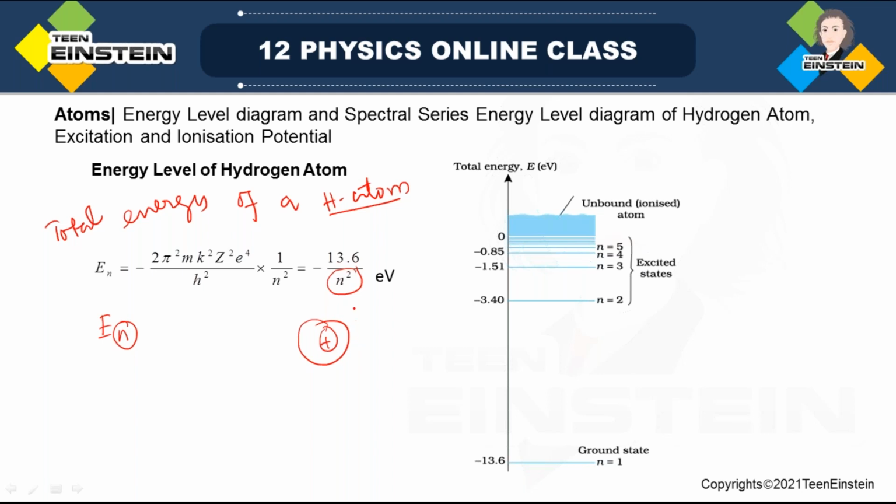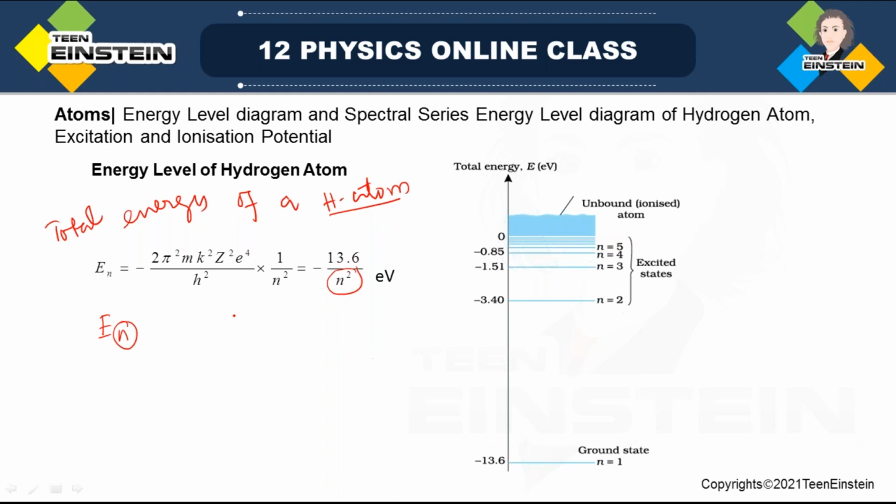So any atom which has only one electron in the outer orbit is called a hydrogen-like atom. Like the alpha particle 2He4, see, this is the Z2. But if you take hydrogen singly ionized atom, then you get one electron in the outer orbit. Similarly, doubly ionized lithium and triply ionized beryllium are called hydrogen-like atoms.